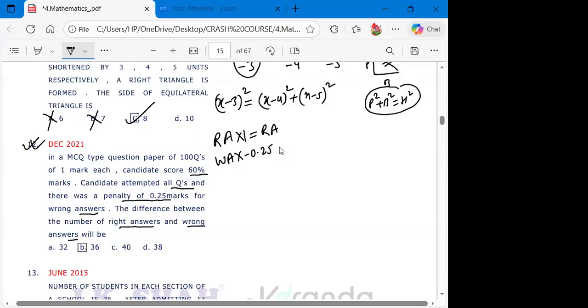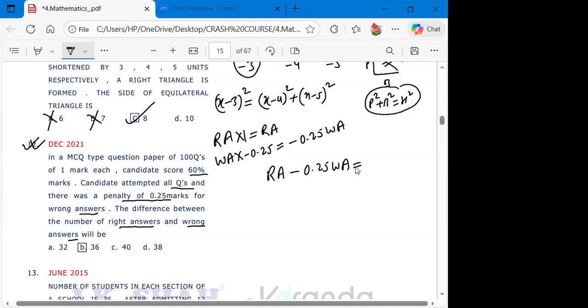This is the marks you are getting. It means for wrong answers, minus 0.25 is actually your real score.